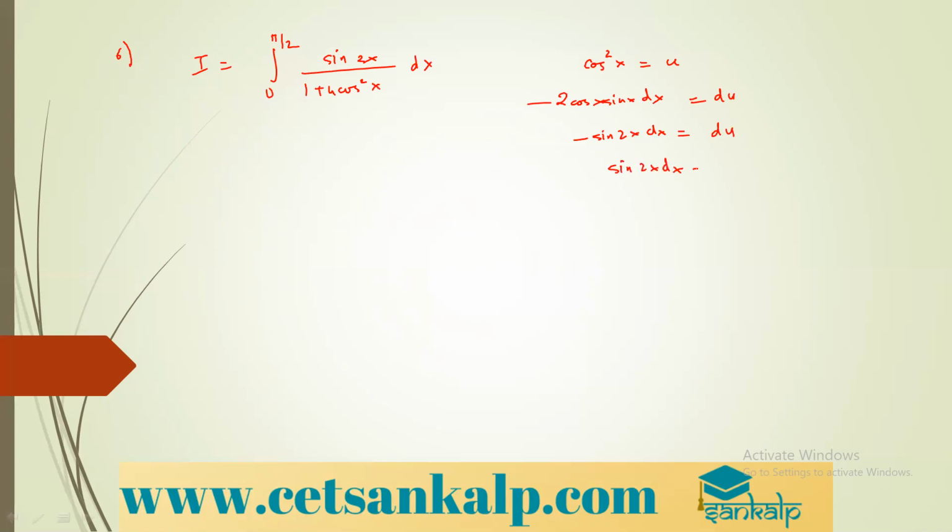Sine 2x dx is minus du. So I becomes minus du by 1 plus 4u, which will be minus log of 1 plus 4u, that is 4 cos square x, by 4.